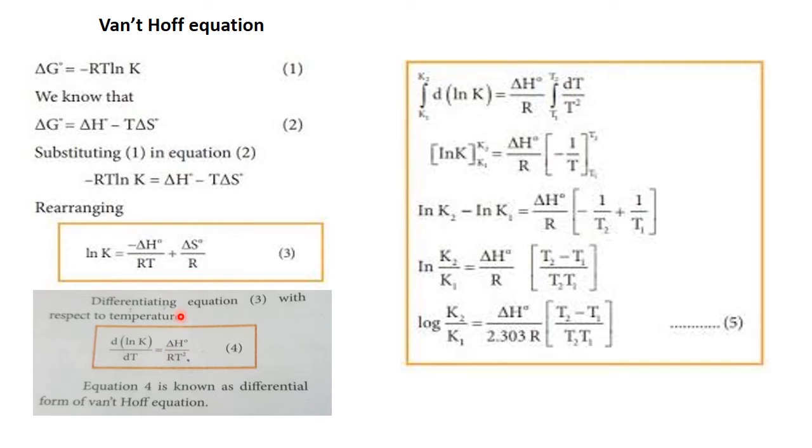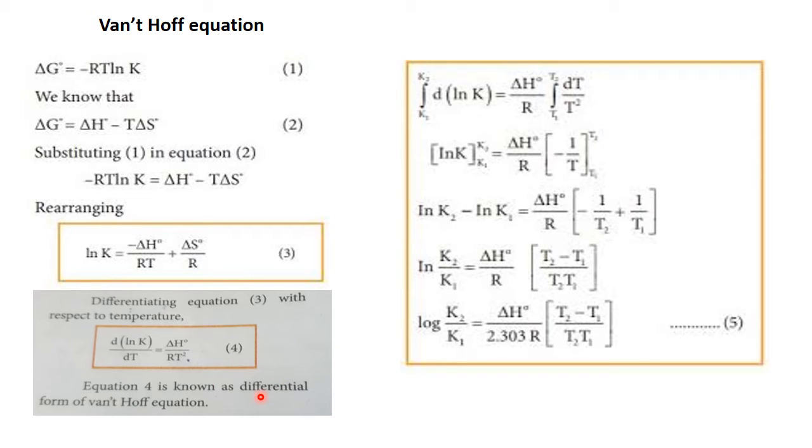The delta S0 by R term is a constant and will be neglected. This is the fourth equation, and it is called the differential form of the Van 't Hoff equation.